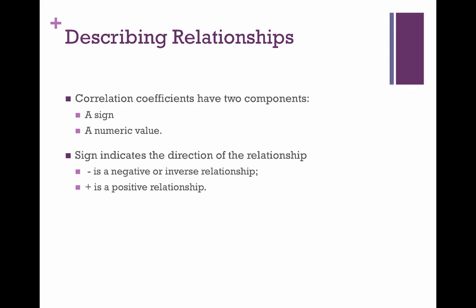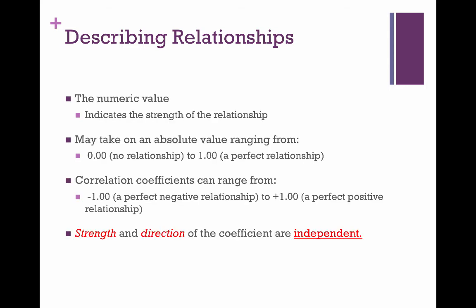A correlation coefficient has two components, a sign and a numeric value. The sign indicates the direction of the relationship. A negative sign shows an inverse relationship, and a positive sign shows a positive relationship. The numeric value indicates the strength of the relationship.